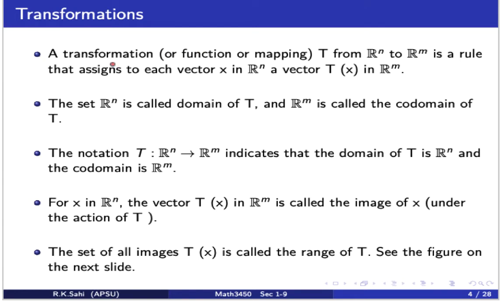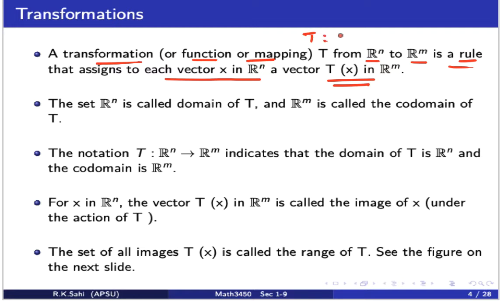A transformation, remember, is either a function or a mapping. But in the linear algebra world, a transformation is used as the terminology for functions or mapping. So a transformation T from Rn to Rm is a rule which will assign each vector x in Rn a vector Tx in Rm.